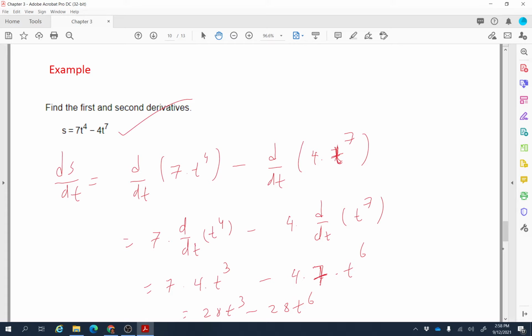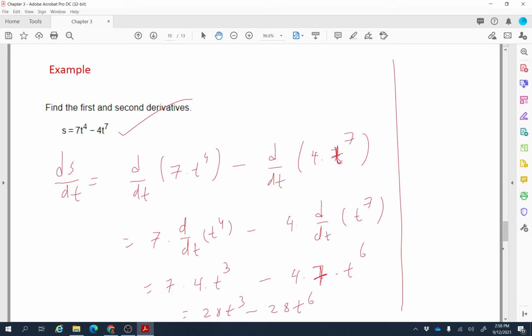So that's your first derivative of this function. You want to find the second derivative? You have to do the same thing for this function now. This is the new function, which is the derivative of the first function. So how do you use this notation for the second derivative? You can name this as a different name like h of t, and then find the derivative of that new function.